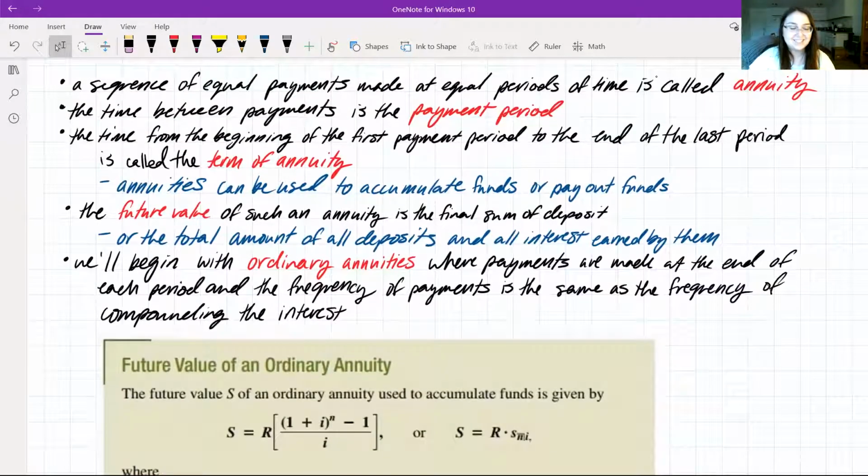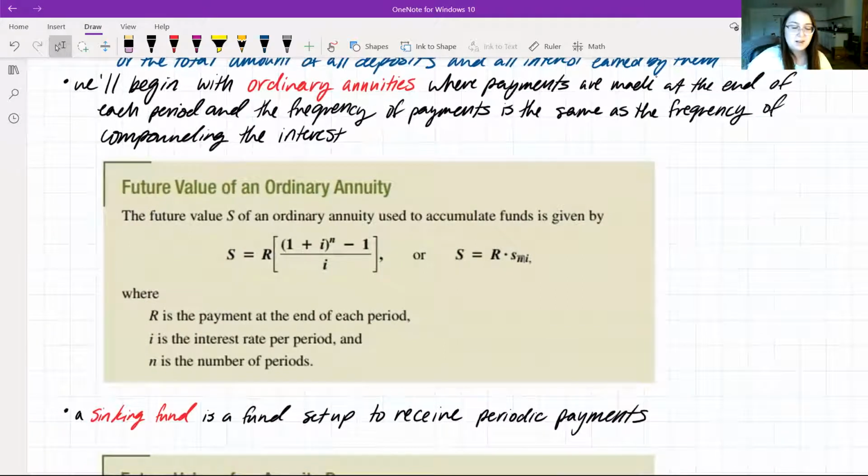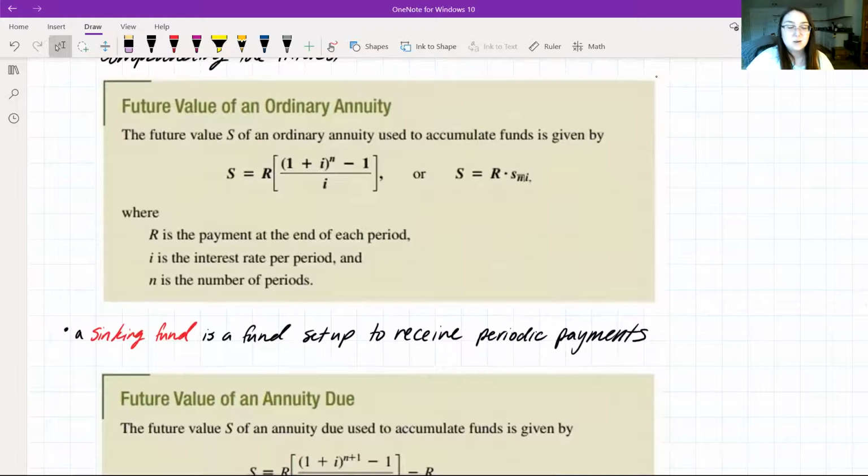And when we do ordinary annuities, it's important to remember that our payments are being made at the end of the period, not at the beginning, because those are two very separate things. We'll be talking about the difference in the next section. So payments being made at the end of the period means an ordinary annuity. Now I have our equation here of the future value of an ordinary annuity.